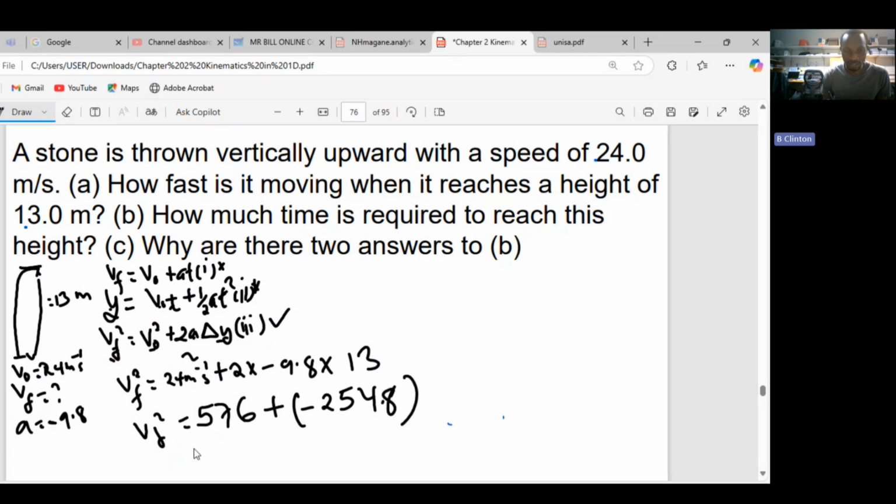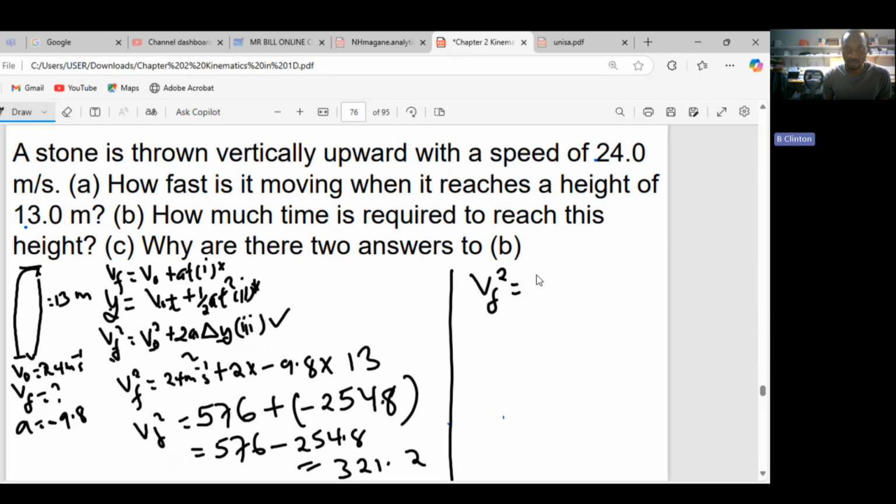This gives 576 minus 254.8, which is 321.2. So Vf squared is equal to 321.2.